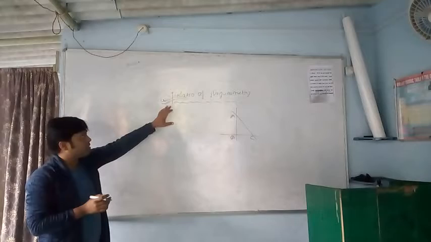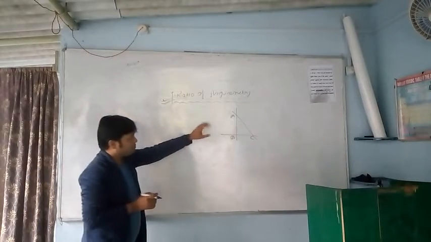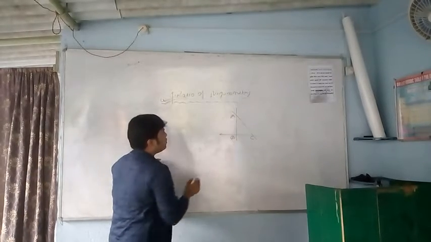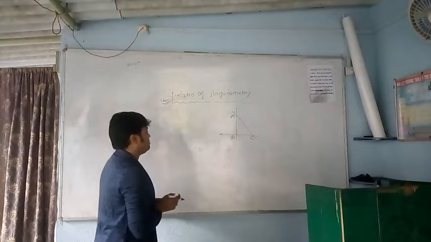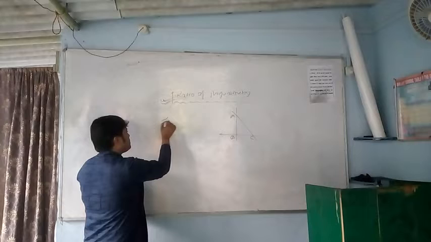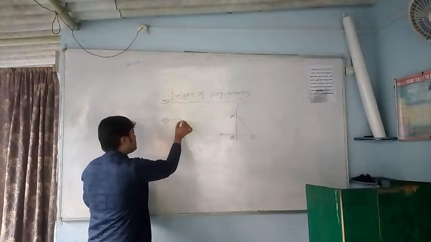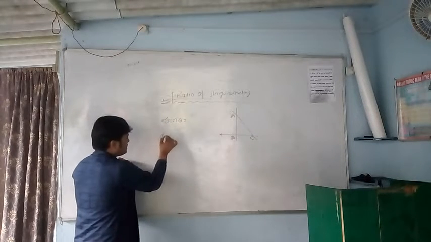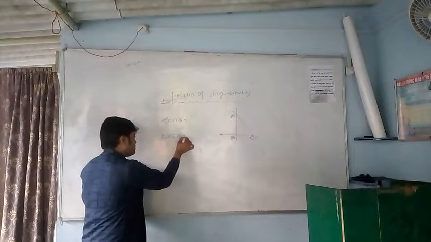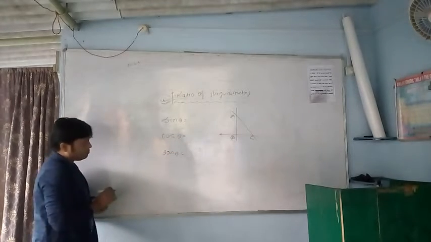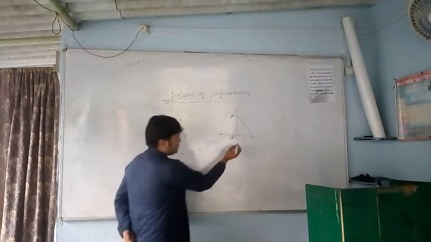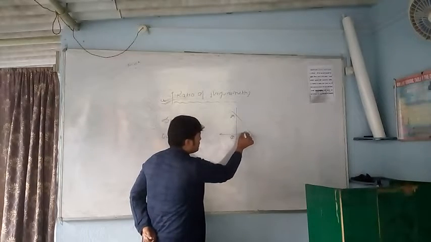Ratio of trigonometry means we have to know about the trigonometric functions in ratio terms, that is sin theta, cos theta, tan theta. We put theta here.